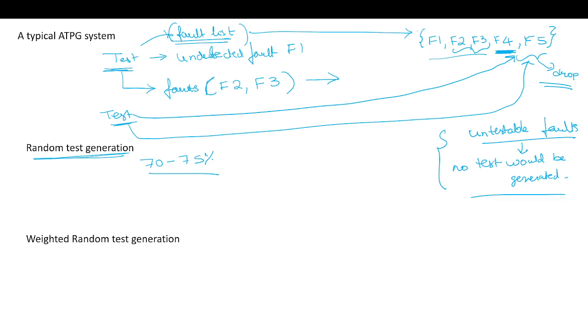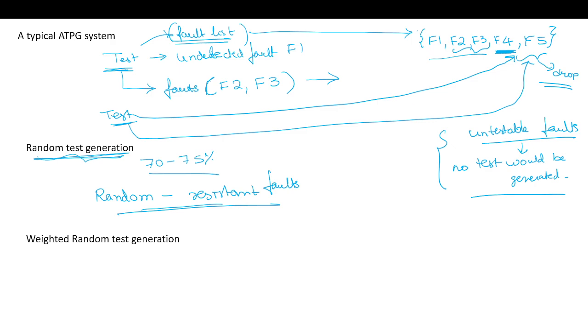So the quality of this random pattern will depend on the circuit. Some circuits may have some faults which are also known as random resistant faults. These are faults which cannot be detected by the random patterns.